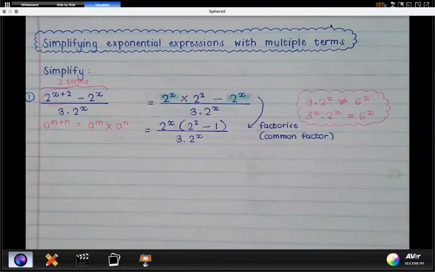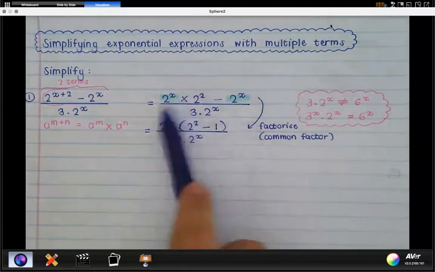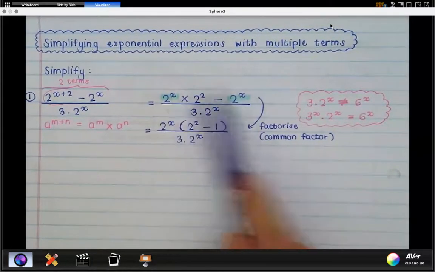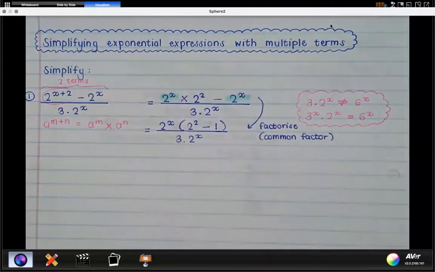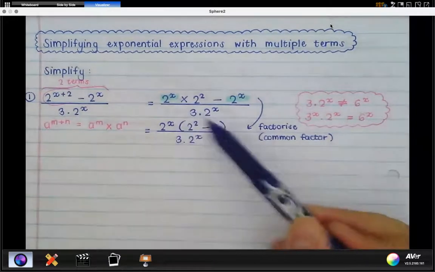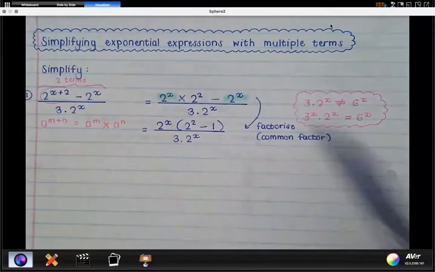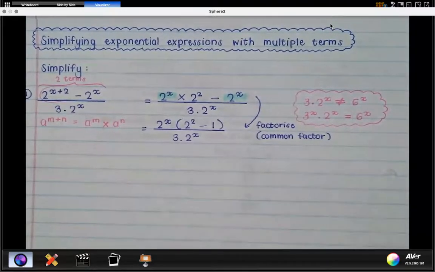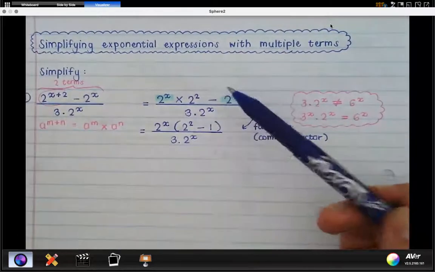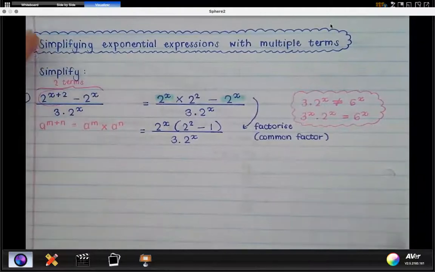You're not allowed to cancel out if you have more than 1 term, either at the top or at the bottom, or both. So here you are not allowed to cancel out the 2 to the x's. You are only allowed to cancel out if you have 1 term, which we have now, over 1 term. All right, so that is why we factorize, guys, so that we can go from multiple terms to just 1 term, so that we can actually cancel out.